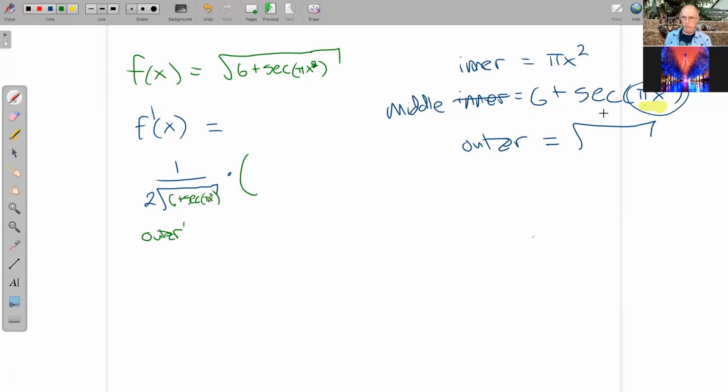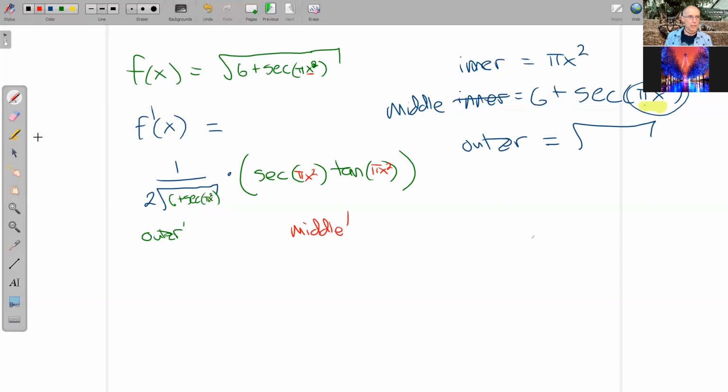This is one you also want to commit to memory, to make your future life a little easier. It is secant times tangent, and what goes inside there is that pi x squared. So that's the derivative of the middle.